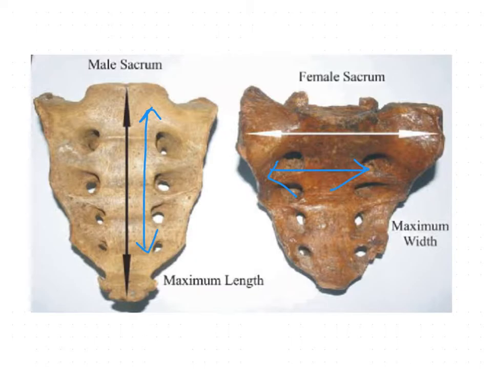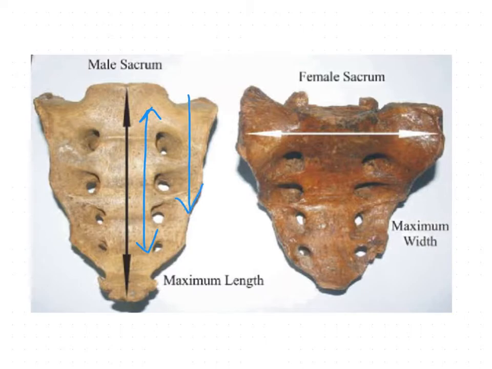Now coming to the curvature, next one is the pelvic curvature. The pelvic curvature in males is regular and gradual from above downwards. So the curvature of the sacrum is regular and gradual from above downwards.